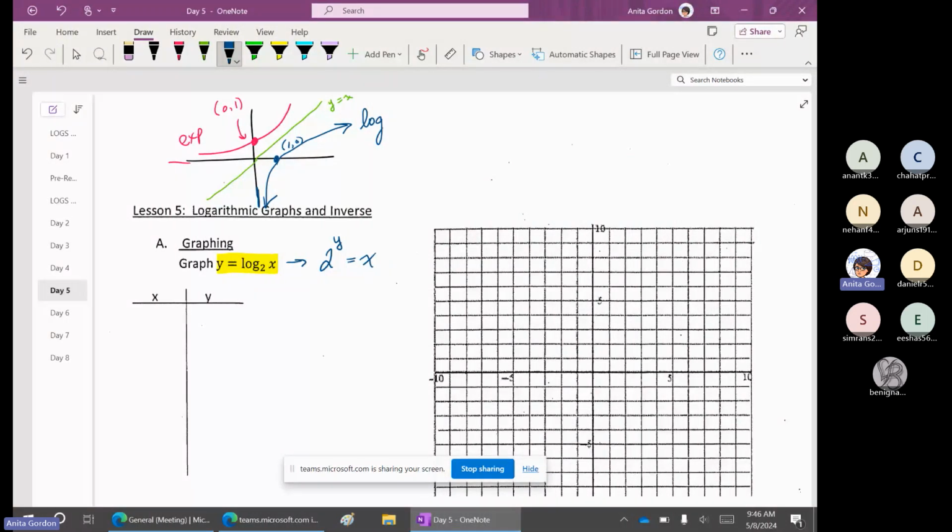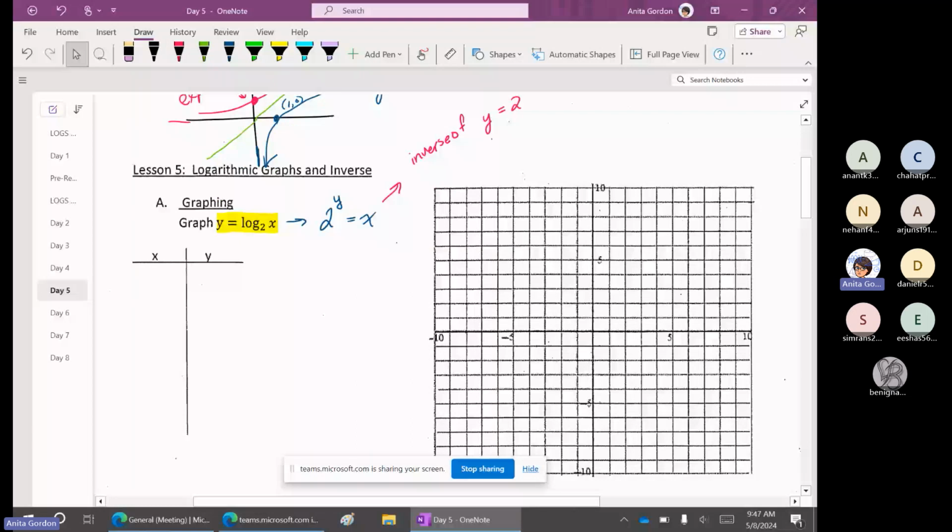And hopefully you'll recognize from lesson 3 that this is the inverse of y equals 2 to the x. We have swapped the positions of the x and y values, which means all the numbers that we used to have are now just swapped. So x equals 2 to the y.